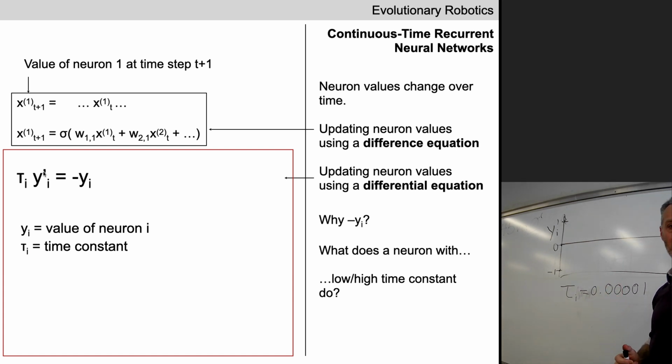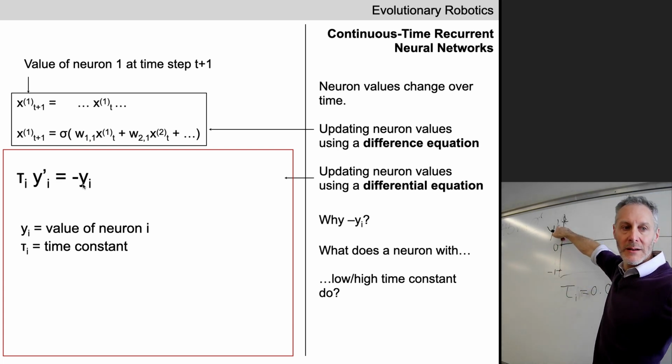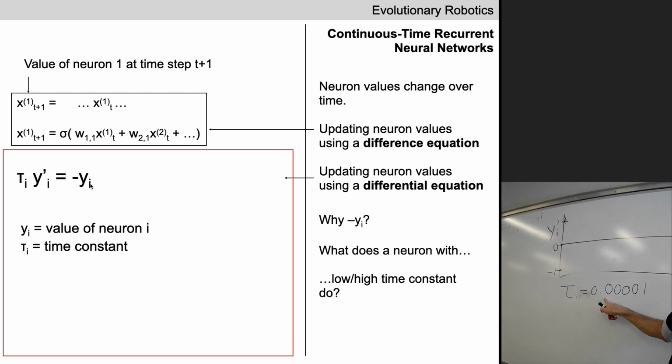I see nodding heads. We still have minus y sub i over here, so yes. What change has occurred now with tau? If you're having difficulty simulating in your head, you can divide both sides by tau. We have y prime equals minus 1 divided by this value.